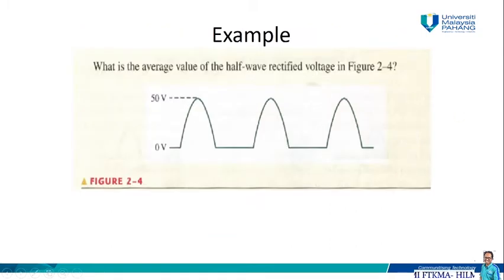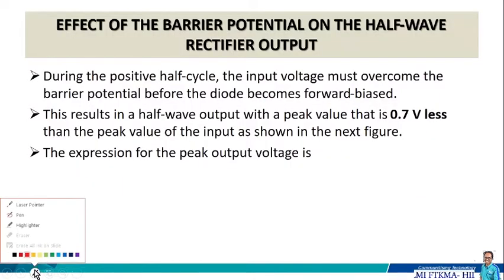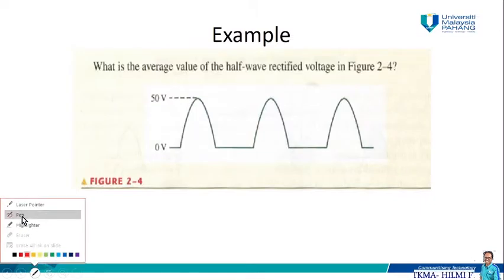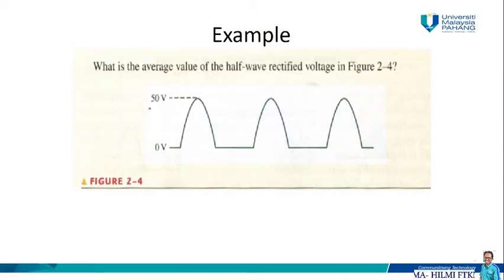So let's take a look at one example. We have a half wave rectified output voltage as shown in this figure. If you look at the figure, we see that the peak voltage for this circuit is 50 volt.